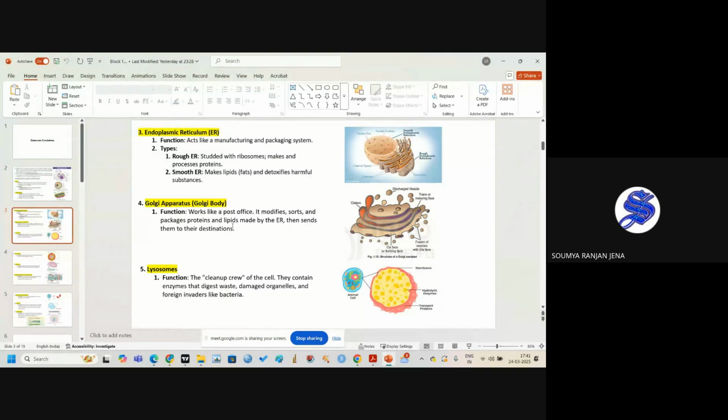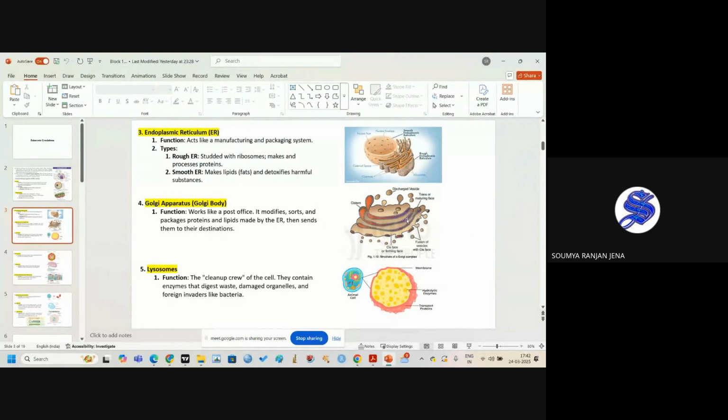This Golgi apparatus or Golgi body is also called the post office box, because it sorts all the proteins to the different targeted organelles or outside the cell. The Golgi apparatus can modify proteins, and sorts and packages all the proteins and lipids made by the endoplasmic reticulum and then sends them to their destination.